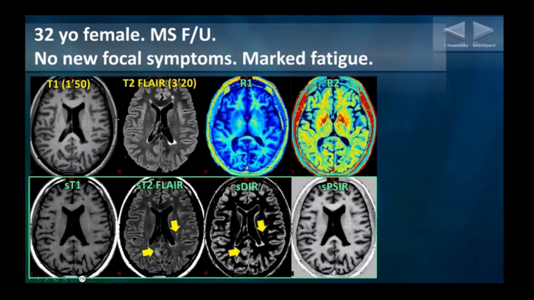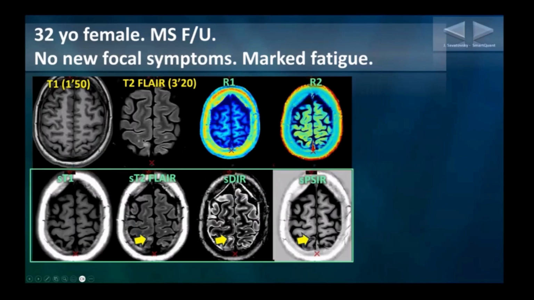But what I find interesting is that we see sometimes additional lesions, and we do not yet understand exactly why we see those additional lesions of MS that are not visible in the regular data sets, such as cortical lesion here. Or in this other slide, we see this cortical lesion that is better visible.